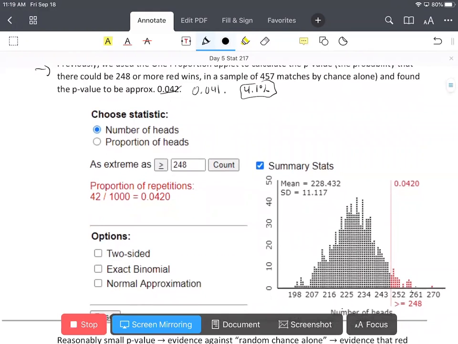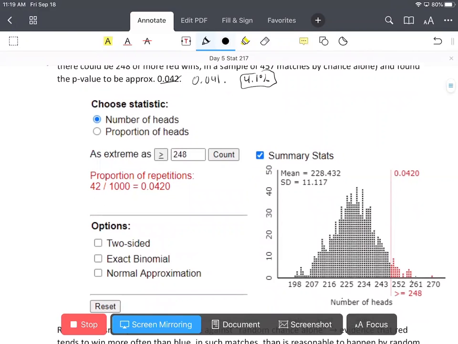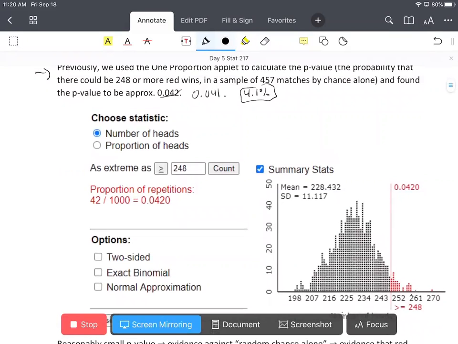Now, when I came back and did this problem quickly, I generated a new null distribution. Remember, each time we pull, we're doing 1,000 repetitions of the 457 matches, the heads or tails kind of repetitions, to see what happens. Each of these dots represents one set of 457 matches.